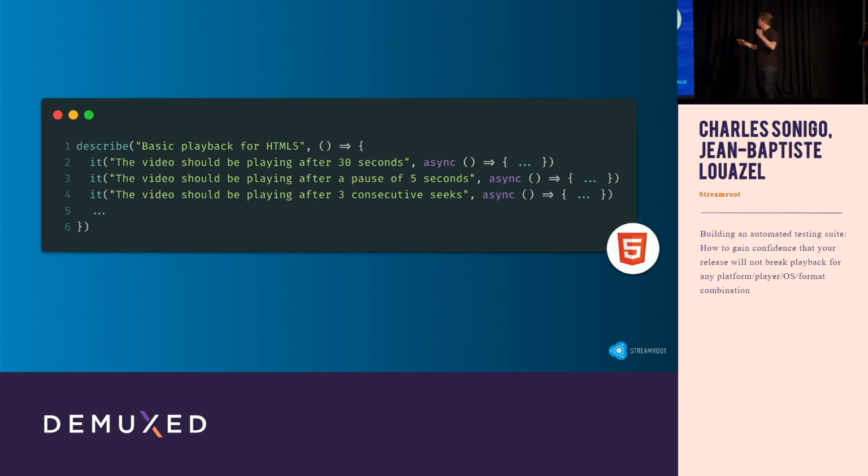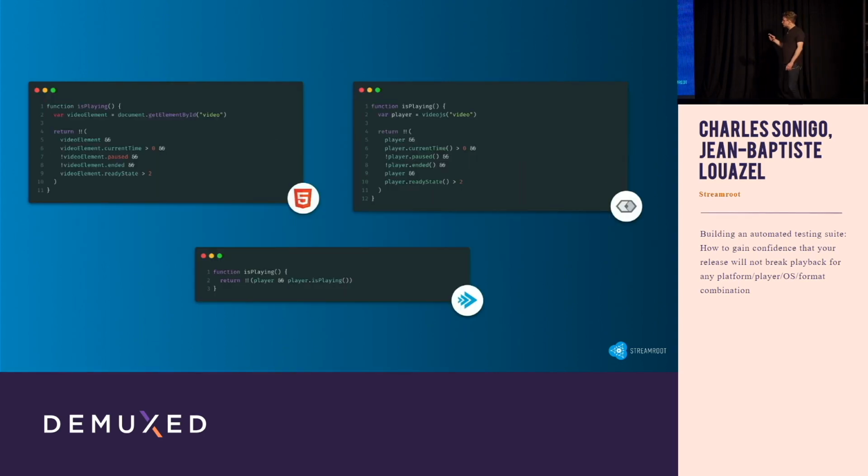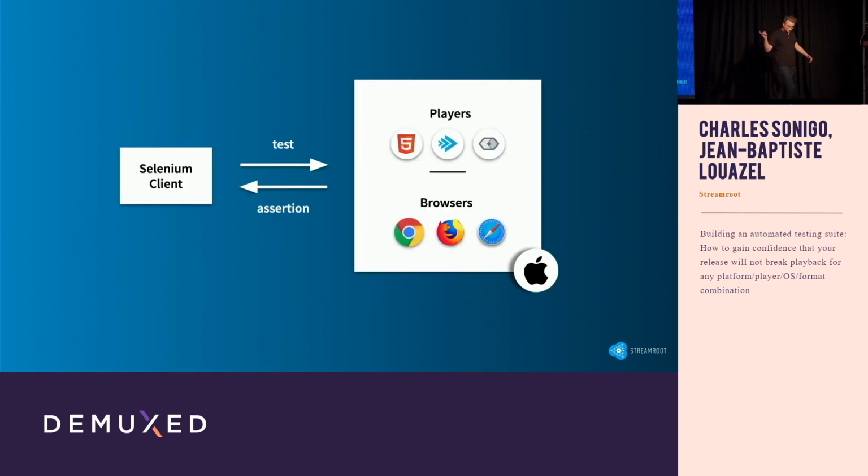But you see right here, we only got one player, which is unfortunate. And with a little bit of abstraction, we can start adding more of them and ensure that our tests stay generic and that they will be run everywhere all the time in the same way.